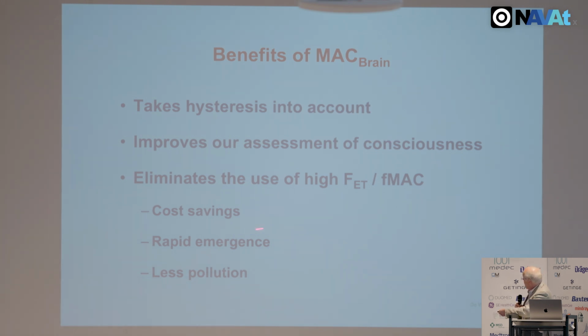It eliminates the unnecessary use of higher end-tidal partial pressure, higher fractions of MAC, when you're not sure whether the patient is really adequately anesthetized or not. So you can be reassured in the beginning of the case that the patient is adequately anesthetized when you can read off what the MACBrain really is. So this allows significant cost savings because you can use less agent. It allows fast emergence, and also it allows us to produce less pollution.